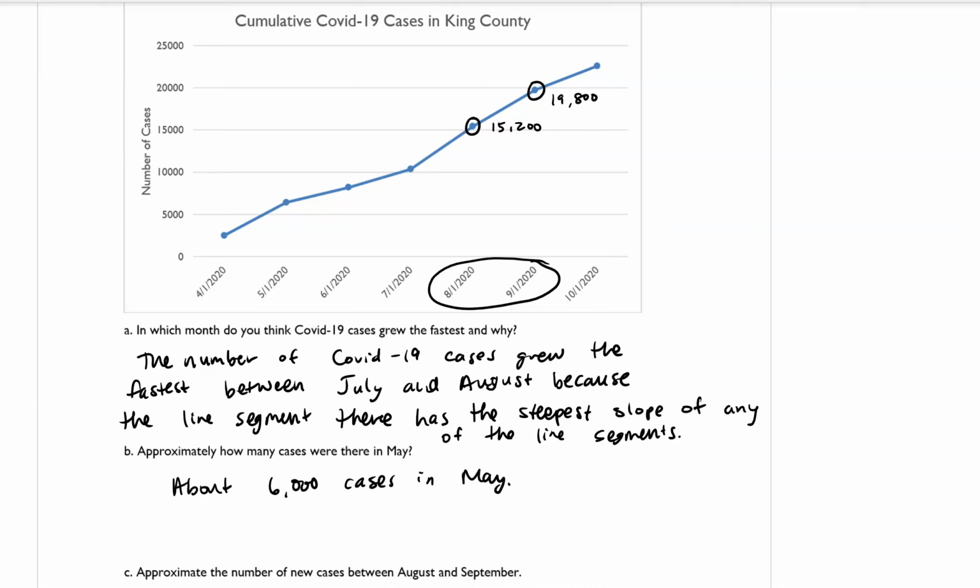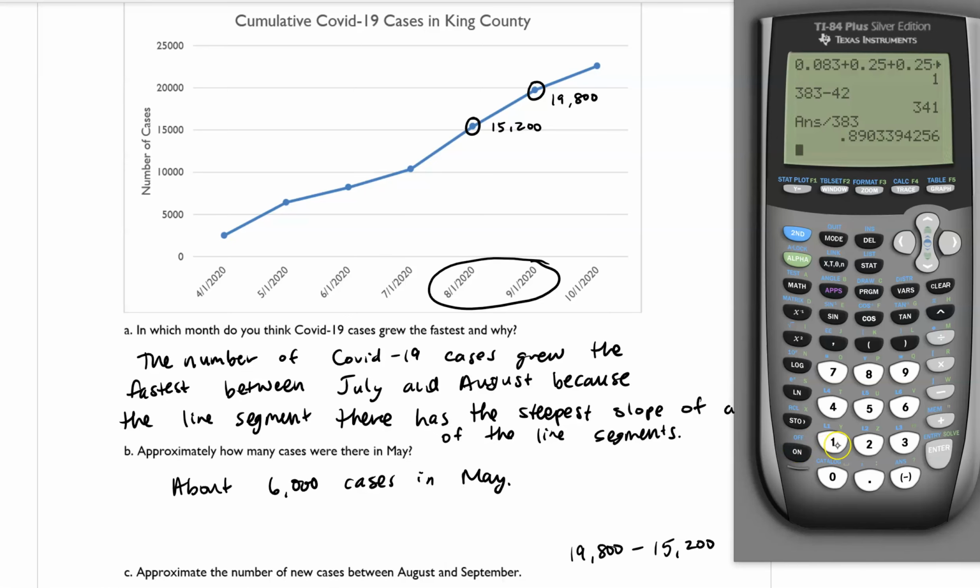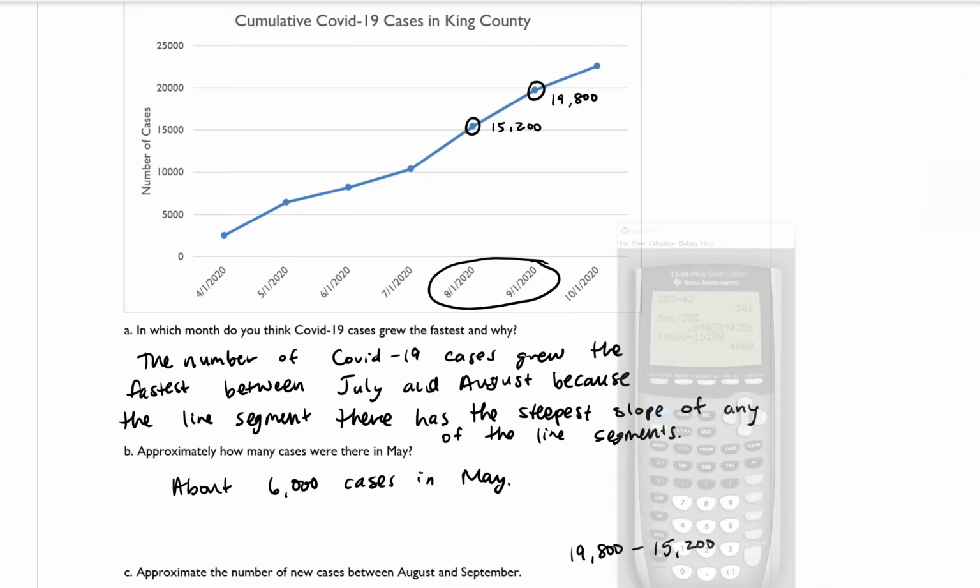It's an approximation. So because those are the cumulative totals, if we want to figure out how many new cases happened between those months, we would want to subtract. So we'd want to do 19,800 minus 15,200. So 19,800 minus 15,200 is about 4,600 cases.